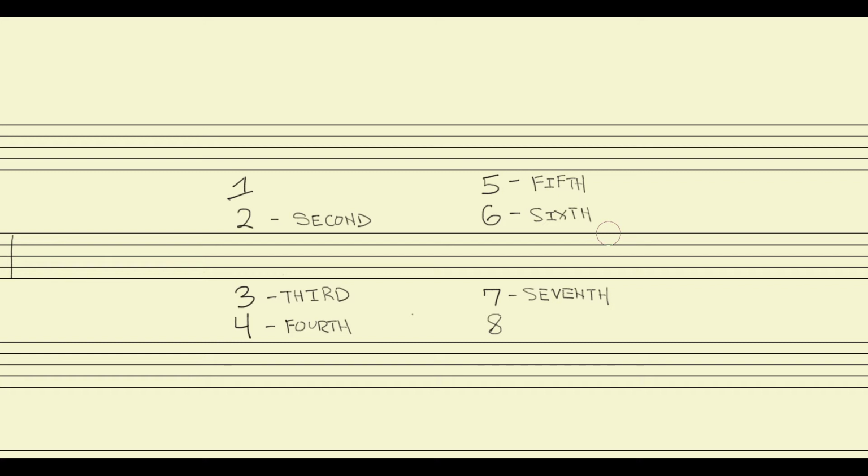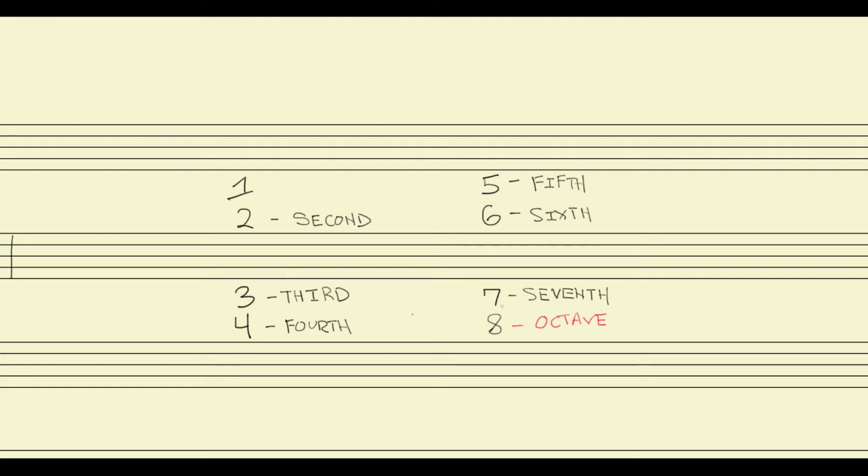2 intervals have special names that we use. One of those is the interval of 8. And we don't call the interval of 8 an eighth. We actually know this name already, but this is sort of a more precise way of thinking about it. The interval of the 8th is known as the octave. We learned about the octave in the very first video that we had, way back in the first day of class.